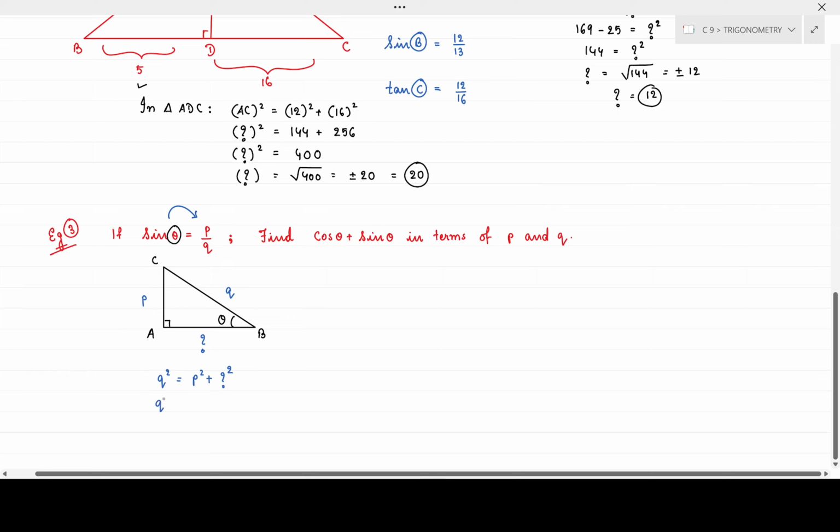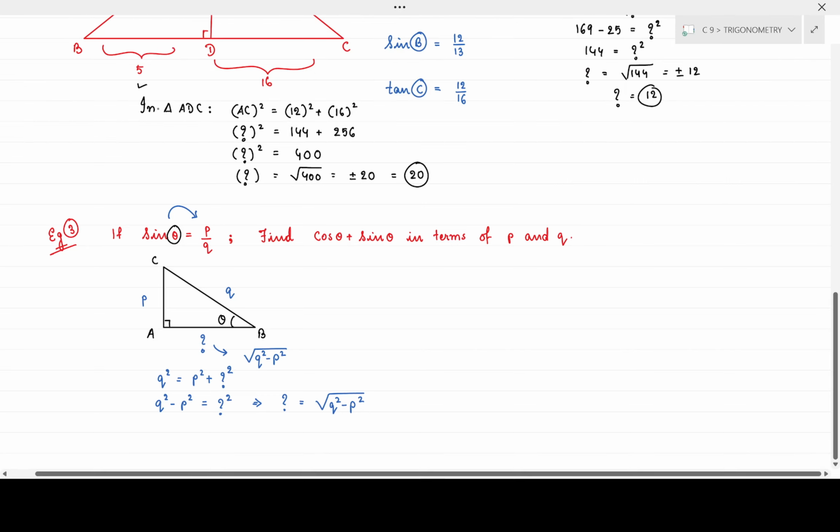So that question mark will be equal to Q square minus P square. So question mark equals under root Q square minus P square. So in place of question mark, we will write under root Q square minus P square.